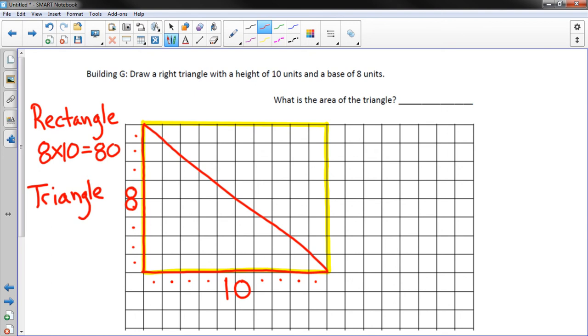So the area of the triangle is half of 80. So half of 80 is 40. So the area of the triangle is 40.